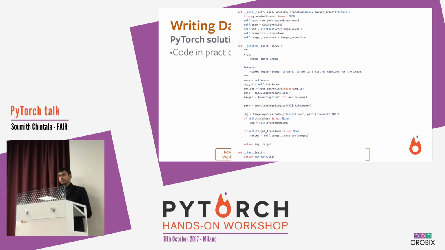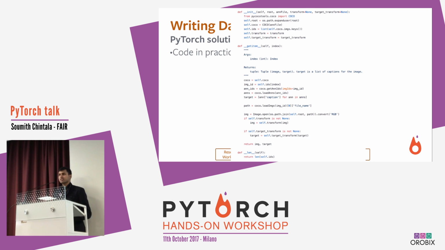And writing your datasets yourself is also quite simple in terms of API. If you want to create a new dataset, you just subclass from torch.utils.data.Dataset, and you define two functions. One is __getitem__, which takes in some index. Typically you have a dataset with, let's say, a million samples, so you can index your dataset from 0 to 999,999.